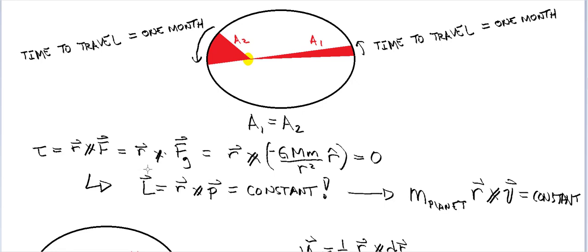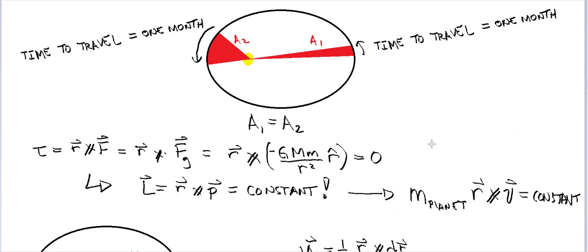And we could rewrite r cross p as m, the mass of the planet, times r cross v. In order for the angular momentum to be constant, that means that the mass of the planet times r cross v has to be constant.